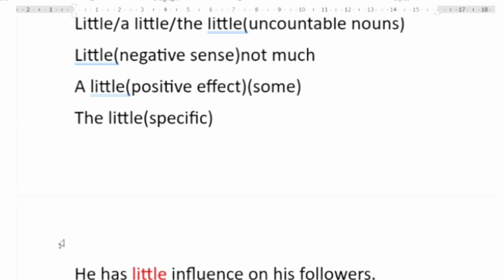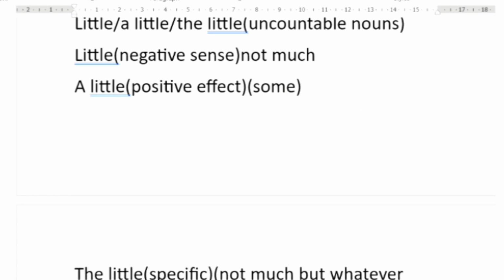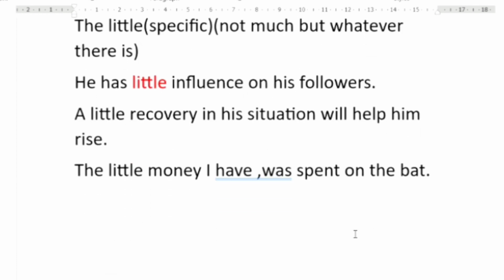So a little is again not much but some. So this is the difference between a little, the little, and little.